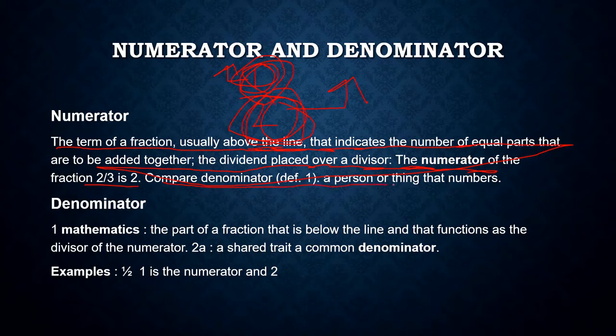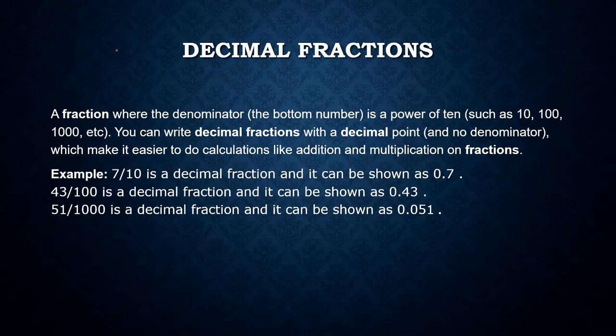Denominator, definition 1, mathematics: the part of a fraction that is below the line and functions as the divisor of the numerator. Example, 1 by 2: 1 is the numerator and 2 is the denominator.